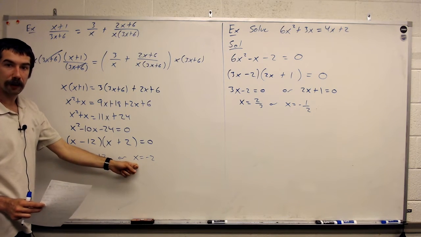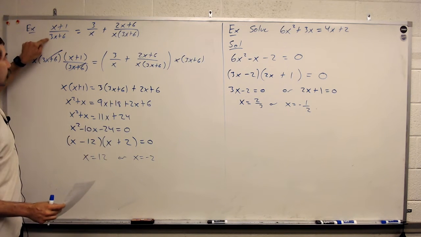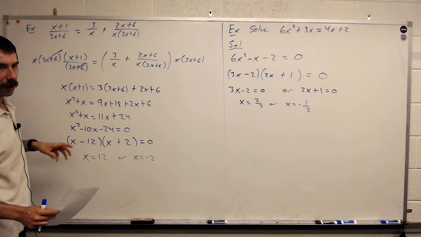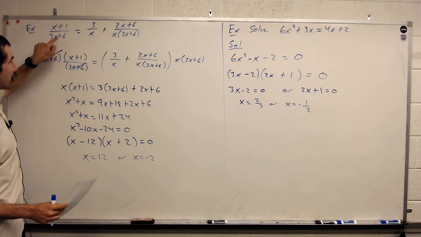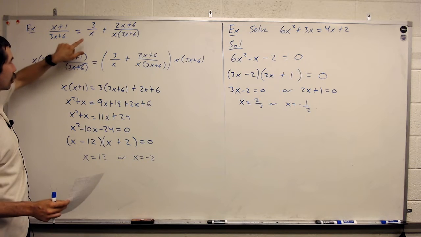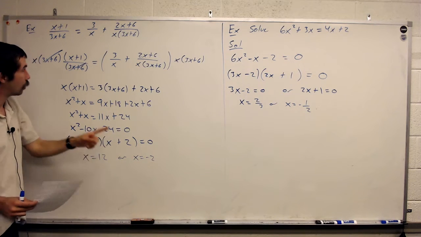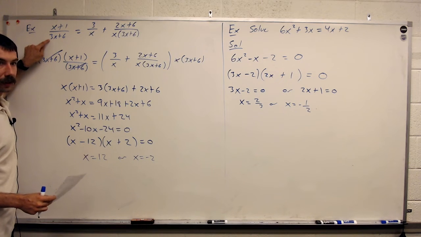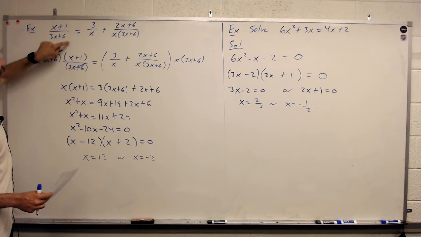What happens if we sub in x equals negative 2? I said numerator every time. I meant denominators, so pretend I said denominator. This denominator wasn't 0 for 12, this wasn't 0, this wasn't 0. With x equals negative 2, this denominator, 3 times negative 2 is negative 6, plus 6 is 0.